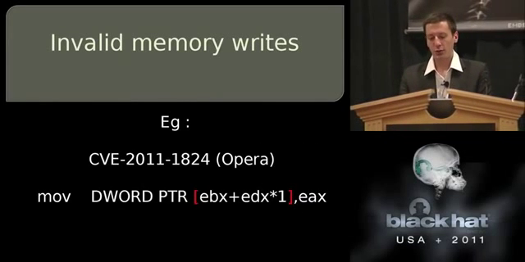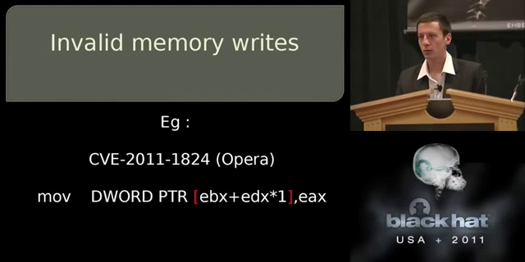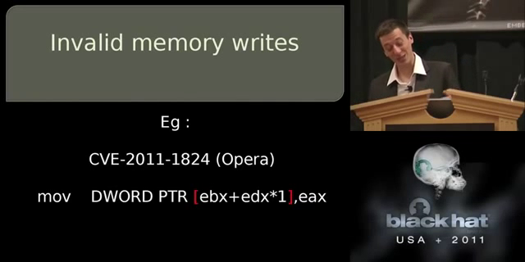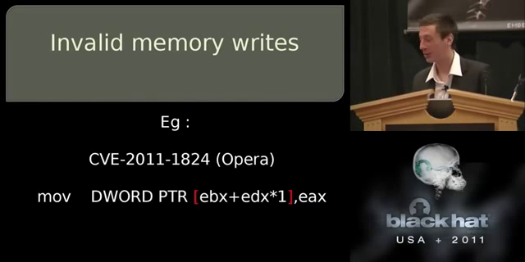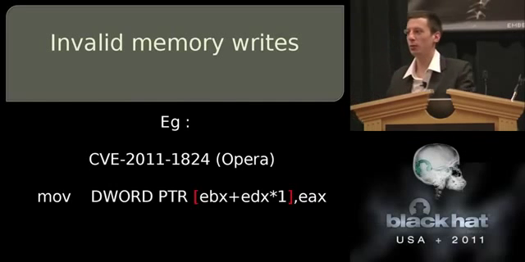Okay, what about invalid writes? Why is this a write? It's a move instruction, but why is it a write? In Intel syntax, the source is on the right and the destination on the left. So here it's a pointer dereference, if you will, in write mode.